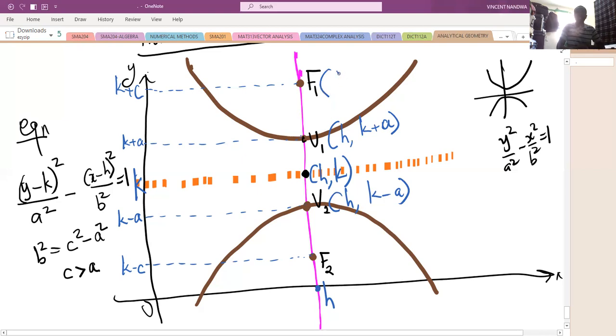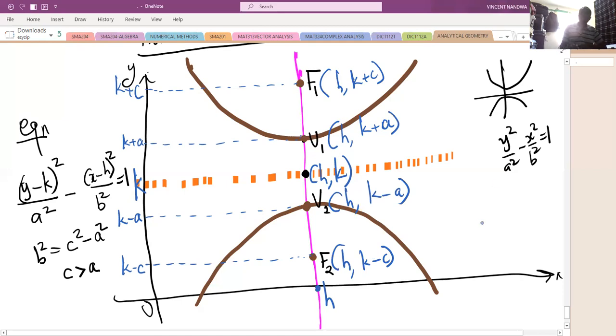F1 will be h comma k plus c. And F2 will be h comma k minus c. So those are the coordinates of the foci and the vertices for a hyperbola whose transverse axis is parallel to the y-axis and center is h comma k.